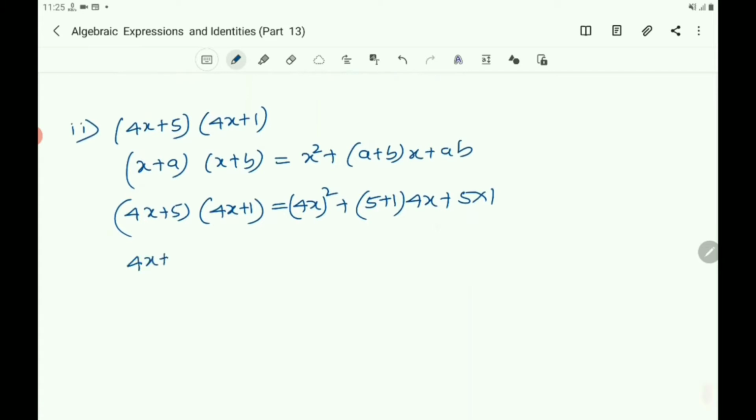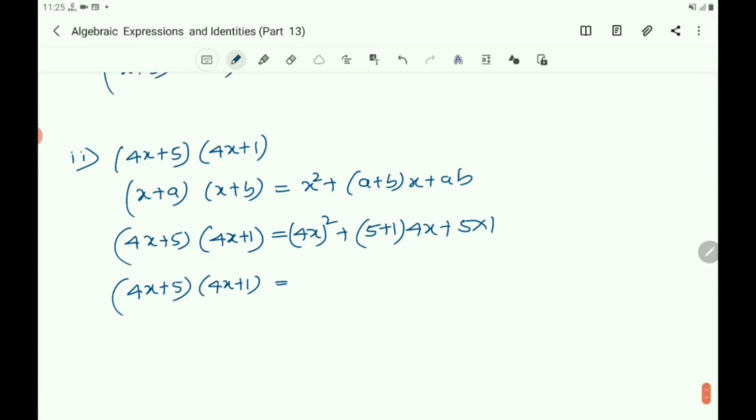Then (4x + 5)(4x + 1) equals (4x)², 4 square is 16, so 16x² plus 5 + 1 is 6, 6 fours are 24x, plus 5 into 1 is 5. So we got that the product of (4x + 5) and (4x + 1) is 16x² + 24x + 5.